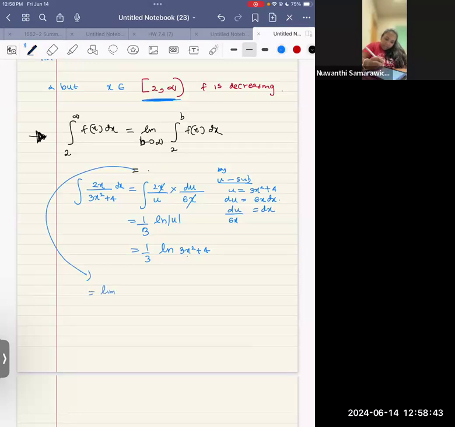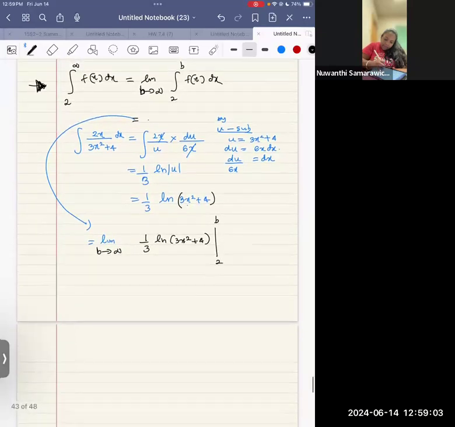Okay, now let's evaluate from here to here. When b approaches infinity, we found the answer for the integral is 1 over 3 ln of 3x squared plus 4. Put in the limits: 1 over 3 times ln of 3b squared plus 4 minus ln 16.